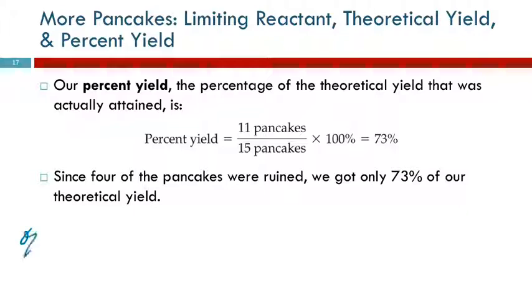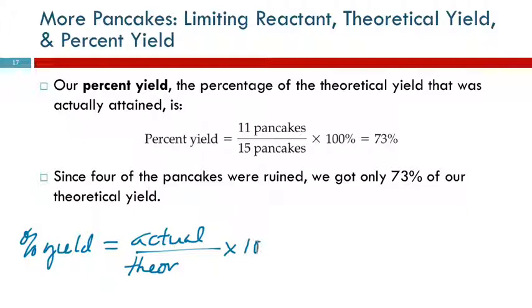Percent yield equals the actual yield divided by the theoretical yield times 100. It's the part divided by the whole. How many you actually made divided by how many you should have been able to make. Multiply by 100, we get 73%.